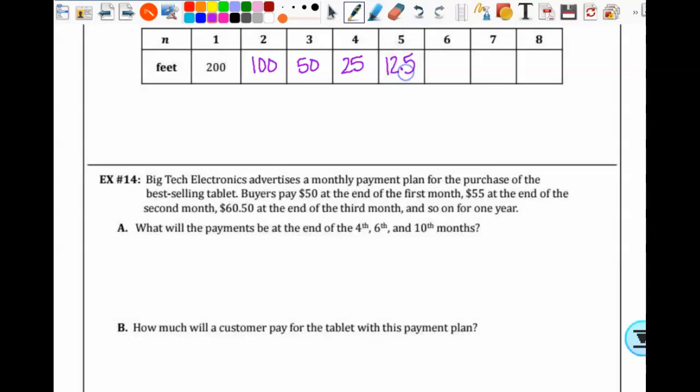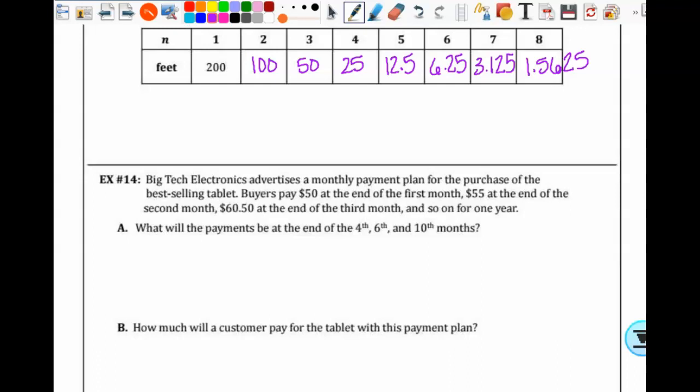And then what's half of 12.5? 6.25. And then 3.125. Okay, do you see why when you get down this far, really the fractions are better? Like they're nicer, right? Because if you had to write them all down and you don't have a calculator, the fractions are way easier than the decimals. But we can go ahead and, what is it? You can use your calculator. It's 1.5625, I think. Yeah, that's right.